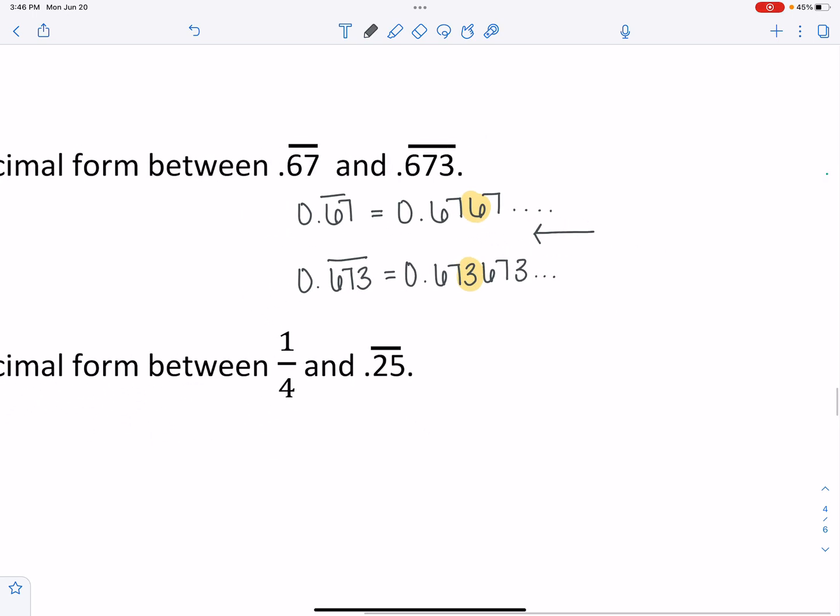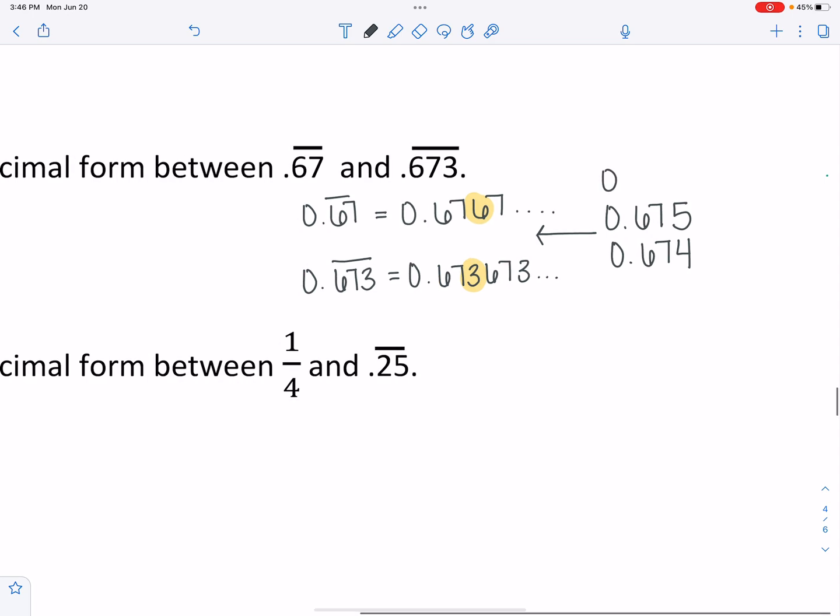And so what about the number 0.674? That's between 3 and 6. What about the number 0.675? That's between there. However, I've got a problem. If I say 0.676, is that smaller than 0.6767?